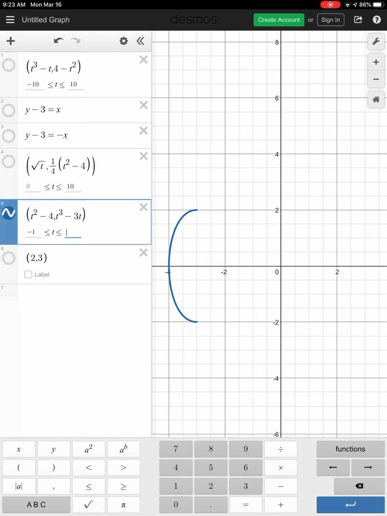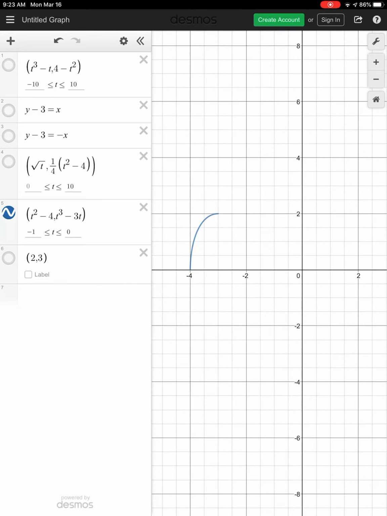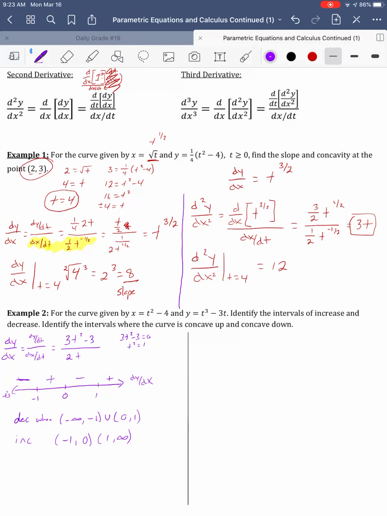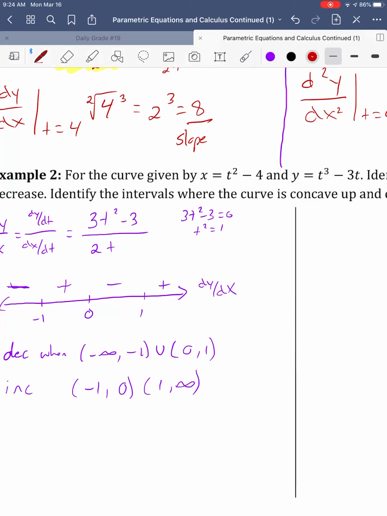It said it's increasing from negative 1 to 0. That's the weird thing. It's starting at the top. So what it's claiming here is that I'm increasing while the function is doing this.